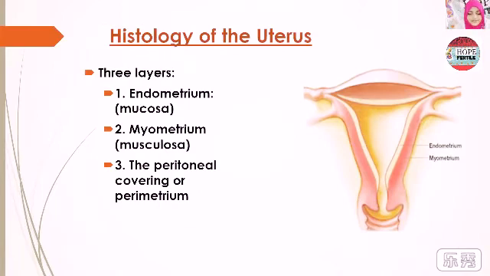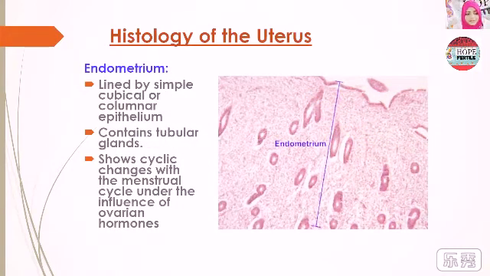So, if we see the histology of the uterus, there are three layers: endometrium, that is mucosa; myometrium, that is musculosa; and peritoneal covering or perimetrium. Endometrium is lined by simple cubical or columnar epithelium, contains tubular glands, and shows cyclical changes with the menstrual cycle under the influence of ovarian hormones.